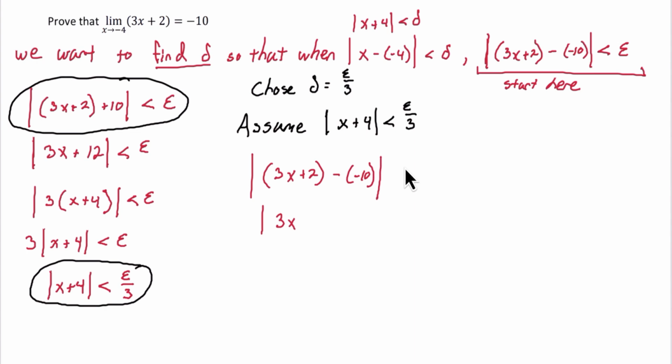We'll have 3x, 2 minus -10 is plus 10, so that will give us plus 12. We can again factor out a 3, and again pull the 3 outside of the bars.